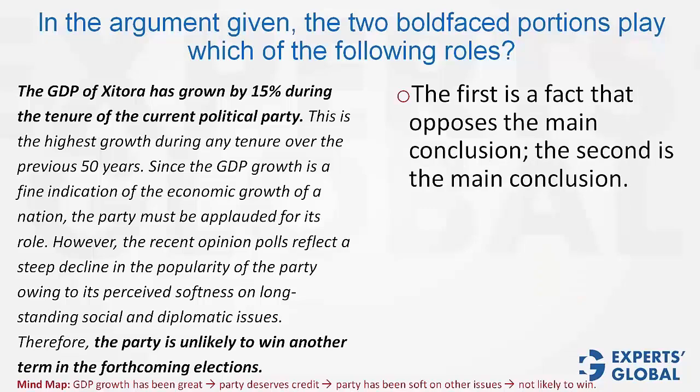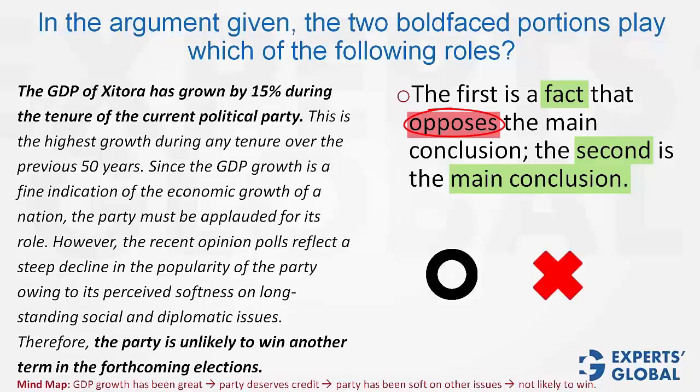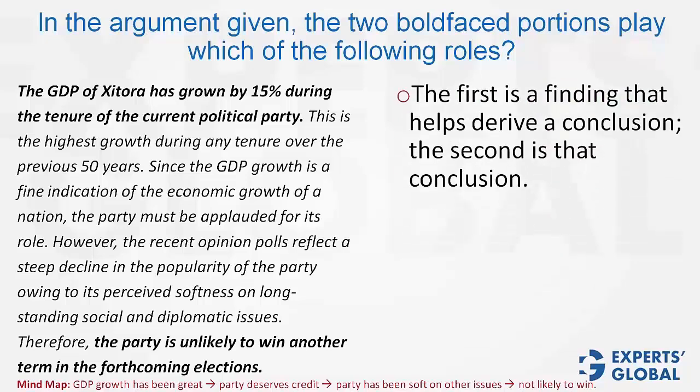Look at this one now. Many students will contemplate about this one. That the second is the main conclusion is perfectly all right. But that the first is a fact that opposes the main conclusion is not the role that the first boldface is playing in the reasoning, and this is not a good answer choice. Look at this one now. First is a finding that helps derive a conclusion.